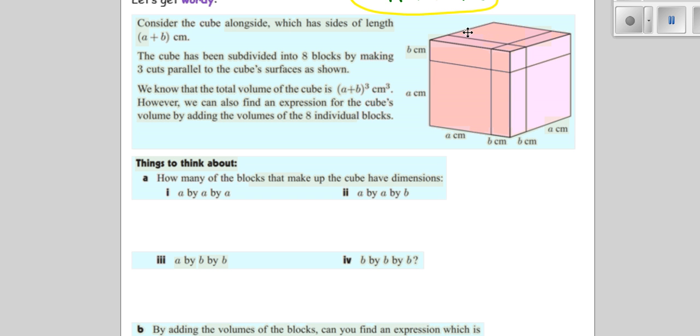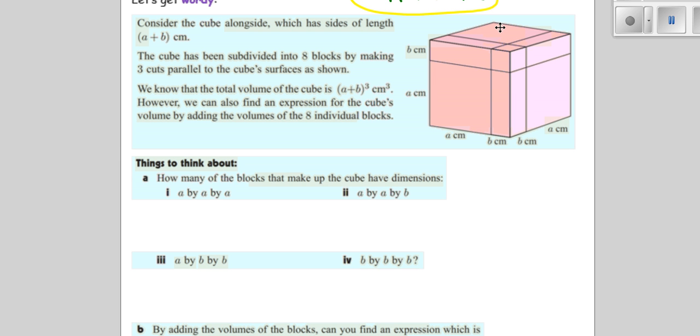a is the longer length. Would it be just the one right at the far back that we can't see? Aren't they all the same? See, this one's a skinny one. This one's b by a. This little baby here is b by b. It's the one we can't see, isn't it?